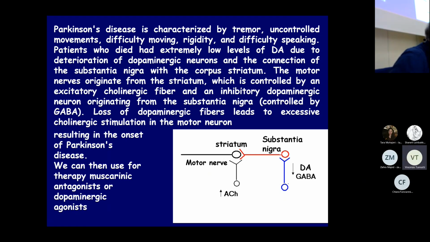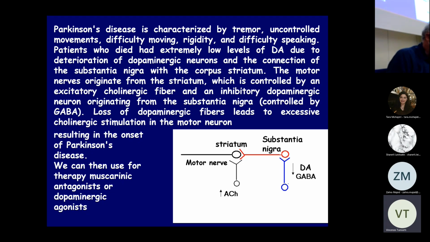The same approach is for Alzheimer's disease. You know that in Alzheimer's disease the problem is represented by the death of a lot of neurons inside the brain. So the treatment should be to try to restore the number of neurons inside the brain, but it's not possible.